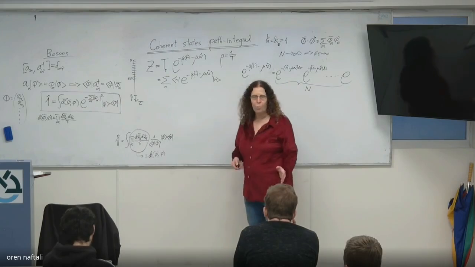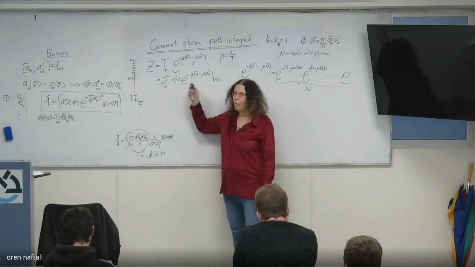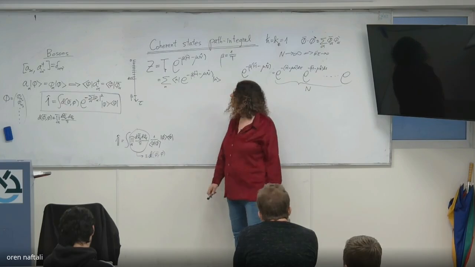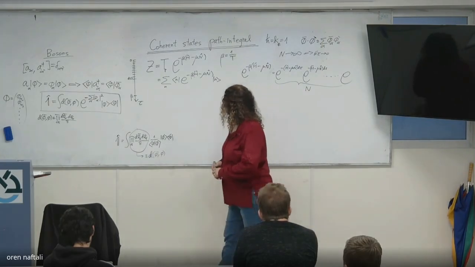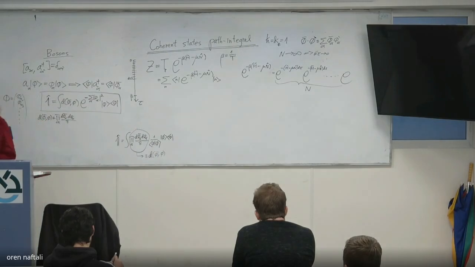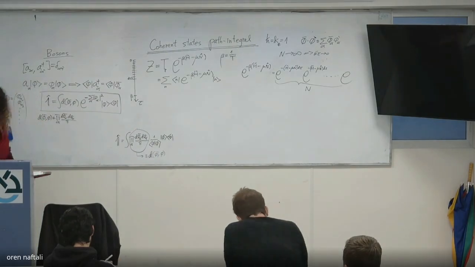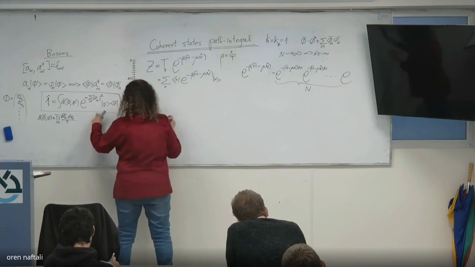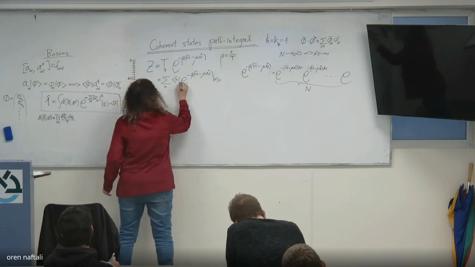I want to switch from this to the coherent state basis. How do I do this? Okay, I can do it as follows. Before doing anything else, I'm going to introduce the resolution of identity somewhere here.